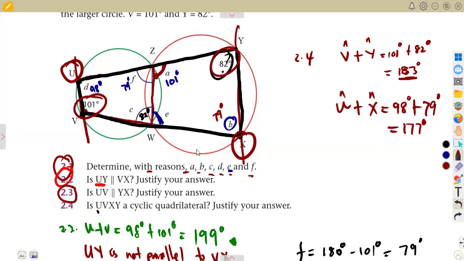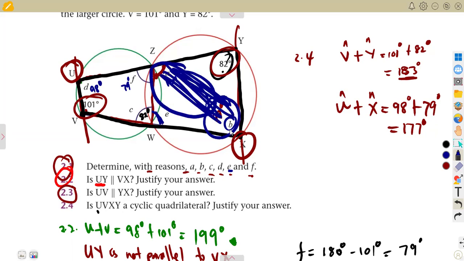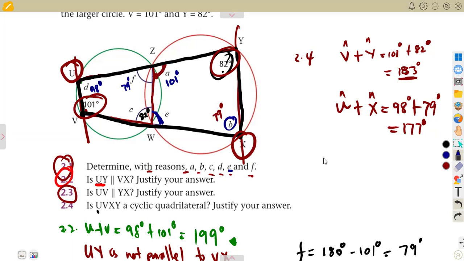That is to show us that it's not a cyclic quad, because if it was a cyclic quad, opposite angles should have added up to 180. Like what we had in this one, if you add 101 and 79, you must get 180 because it's a cyclic quad. Opposite angles should add up to 180. So this one is not.